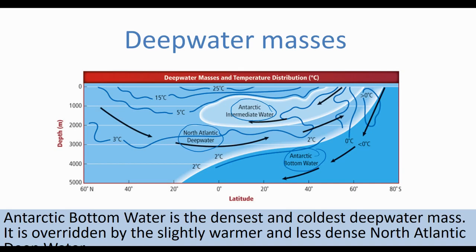The Antarctic intermediate water is warmer and less dense, and thus it overrides the North Atlantic deep water and the Antarctic bottom water.